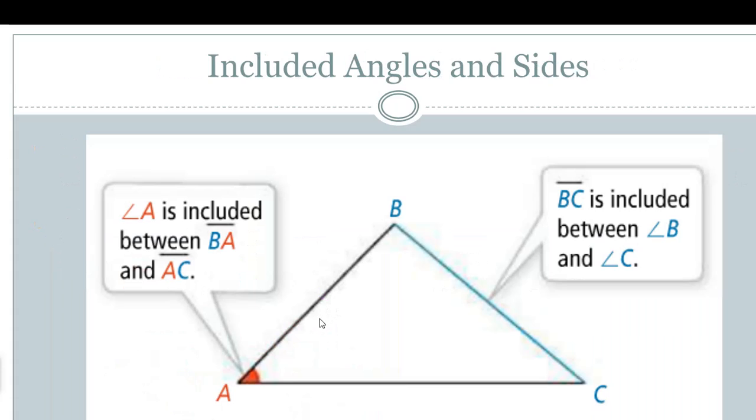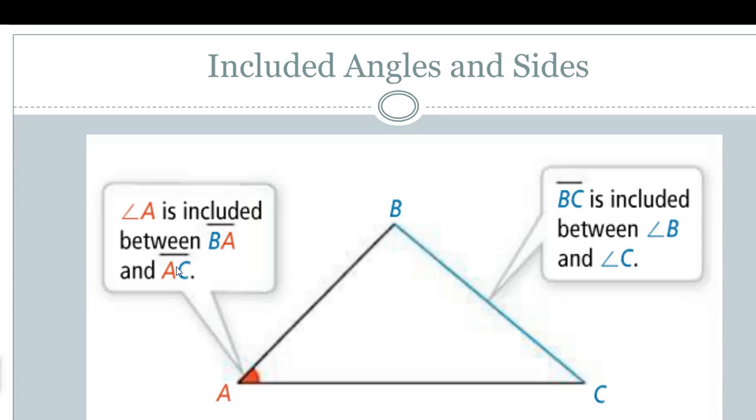Now before we get to the second one, we need to talk about the word included. In this lesson, we're going to use it two different ways, the included angle and included side. Included angle means it's an angle between two side lengths that would be congruent to one another. So in this case, AB and AC are both surrounding angle A. So we say that angle A is the included angle.